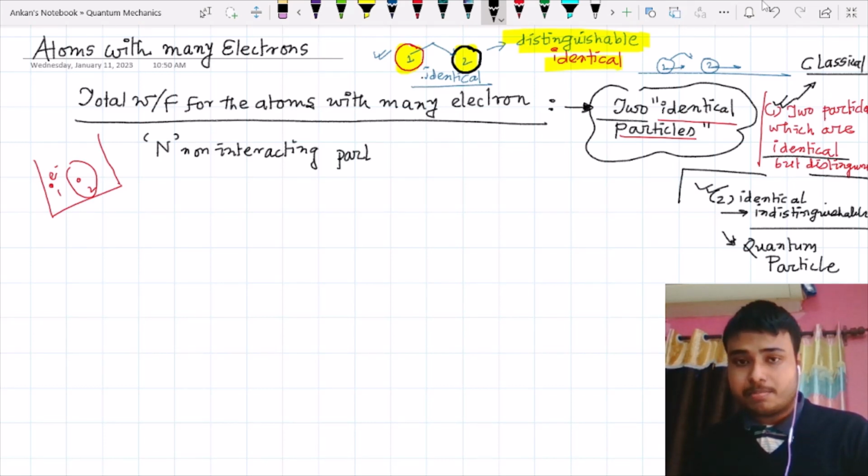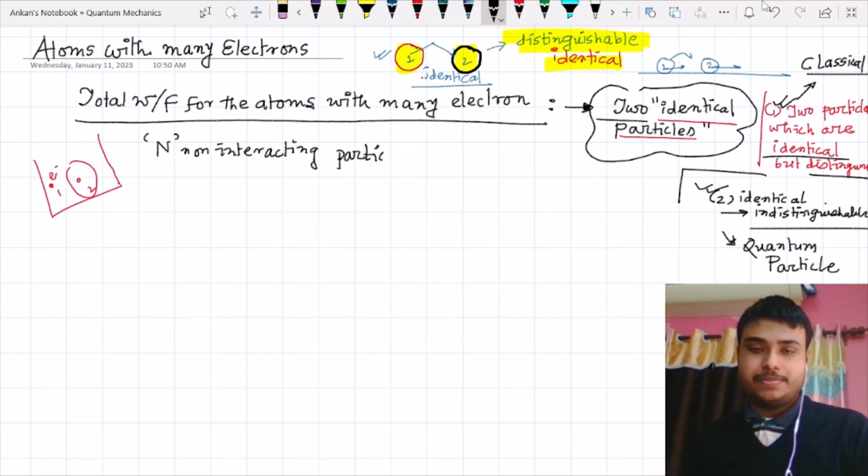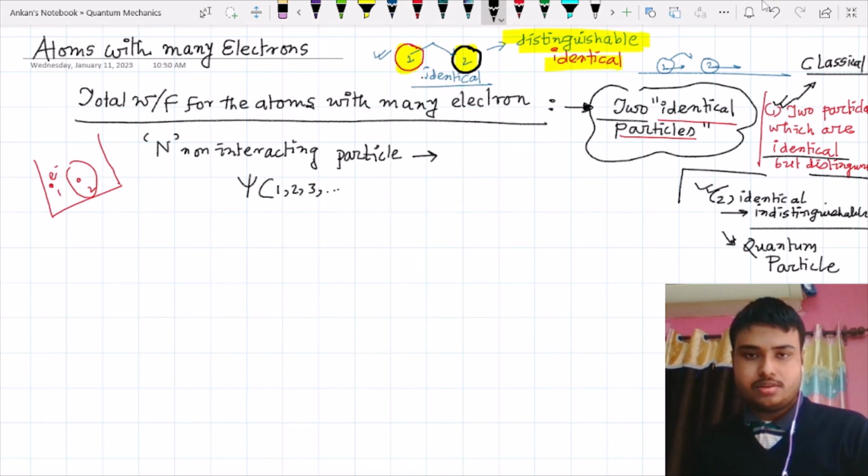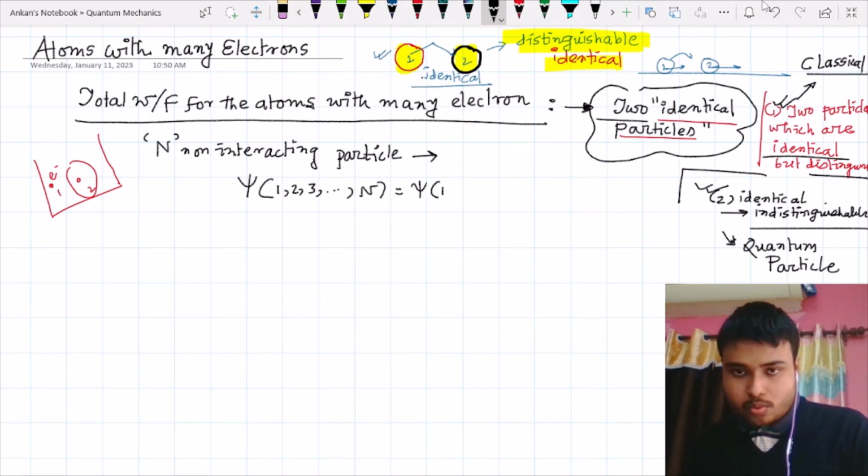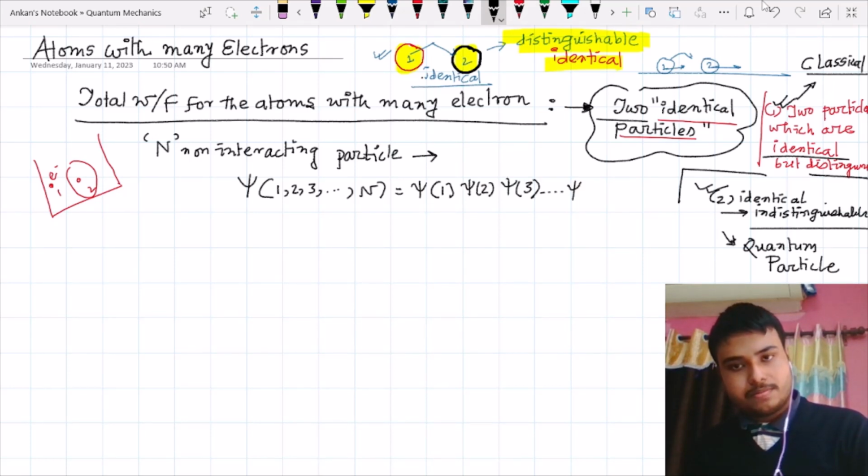If the system comprises n non-interacting quantum particles, then the wave function can be written as psi of 1, 2, 3, up to n as psi 1 into psi 2 into psi 3 and so on up to psi n.